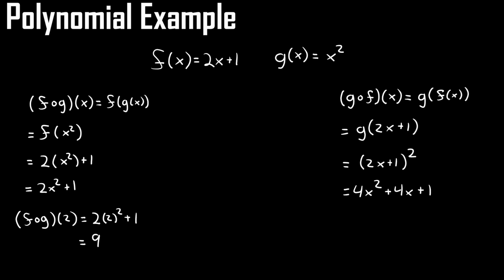And then for g of f of 2, that equals 4 times 2 squared plus 4 times 2 plus 1. And this simplifies to 25.